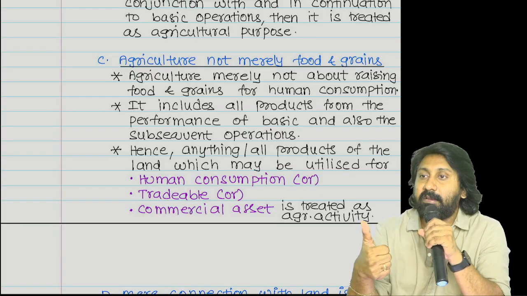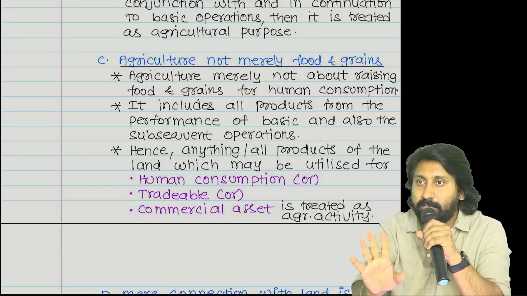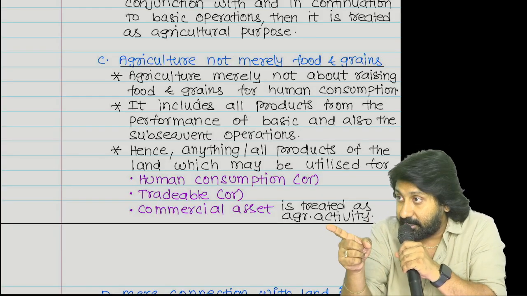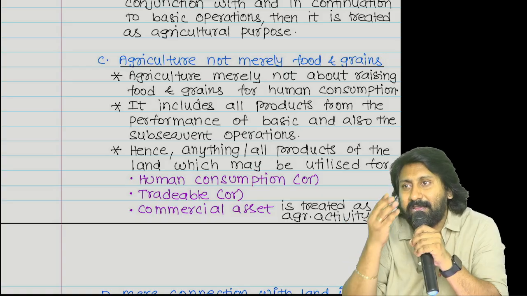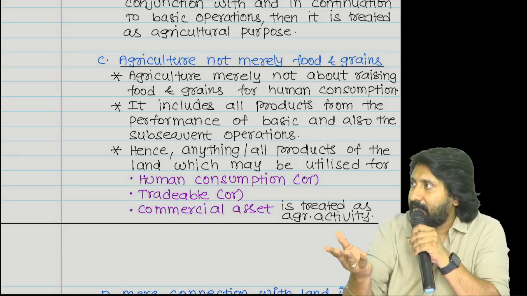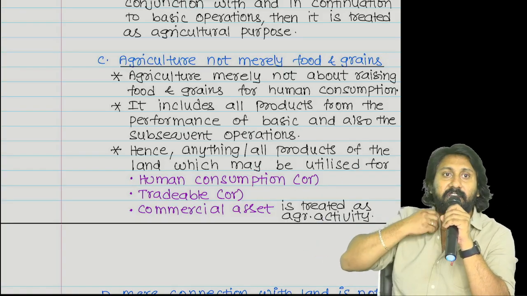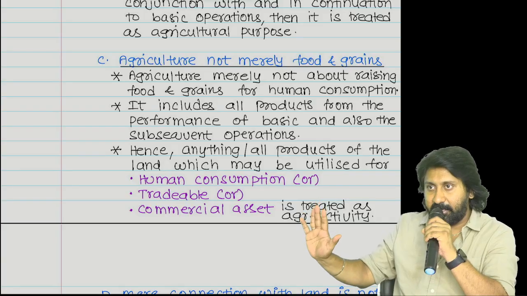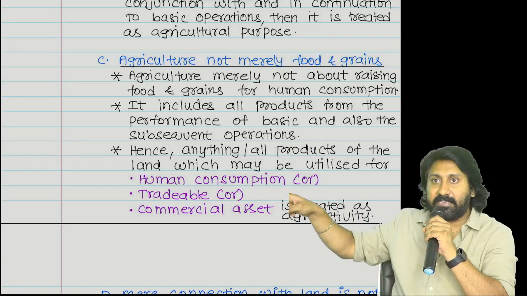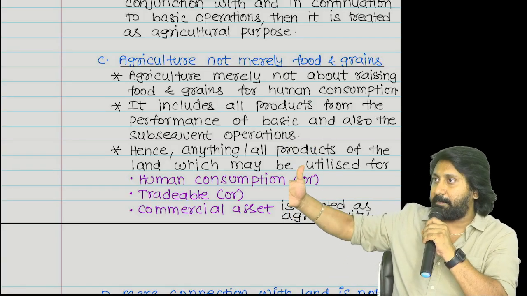Teak wood is there. Humans won't consume it, but still it's an agricultural activity. Which one? Teak wood, yes. Answer, everyone. I have land. Teak trees will be there. I will grow them. Growing is agricultural income. One person will come and cut that and take the logs of that wood.